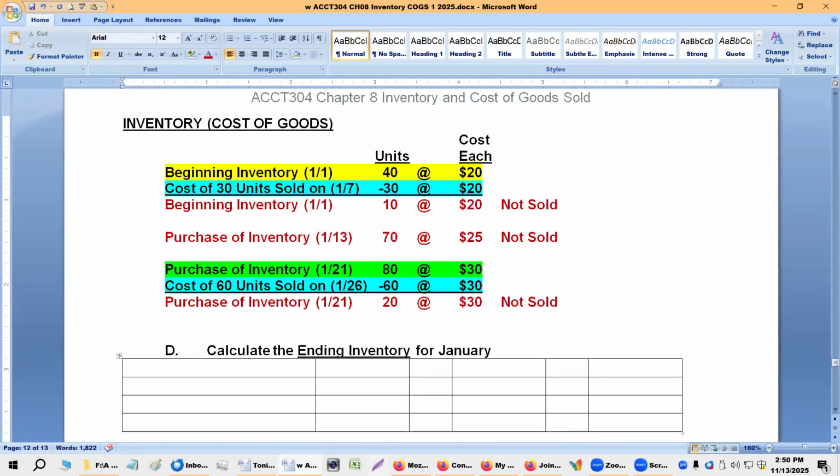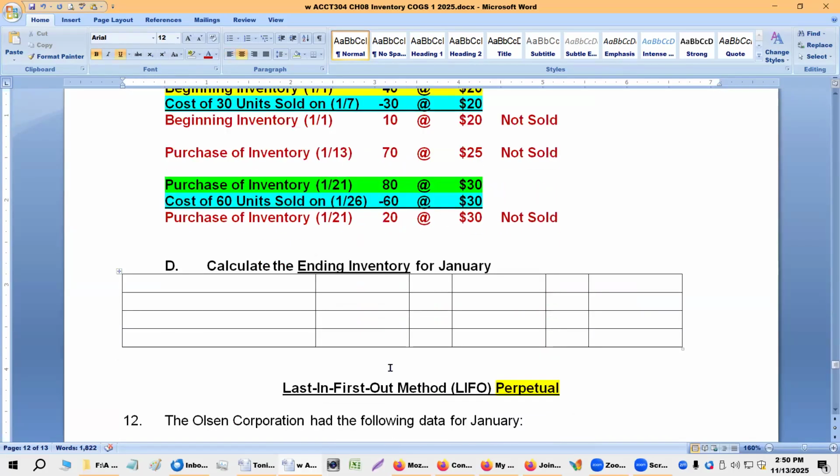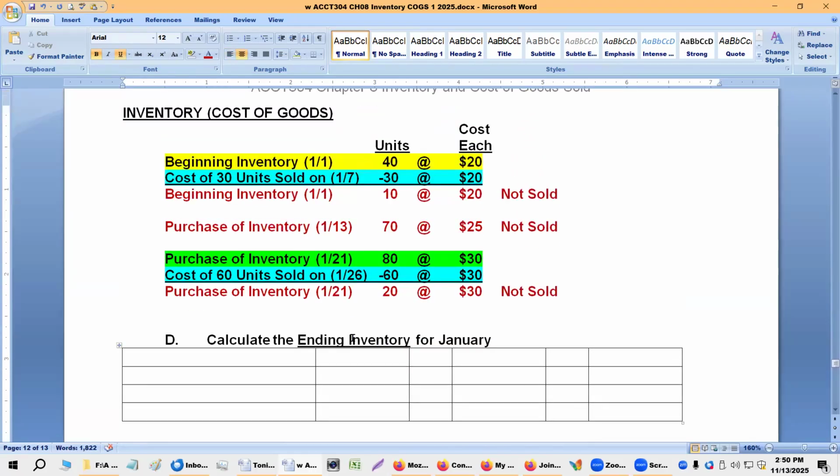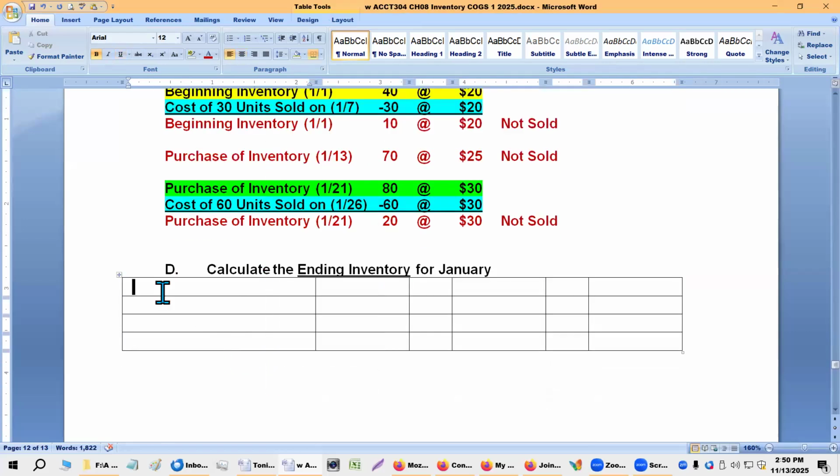Okay, so this is still the one that we're working on. We'll put this one down further. Okay, so what do we still have left? I don't even know if I have enough room for this. I've got to add a row.